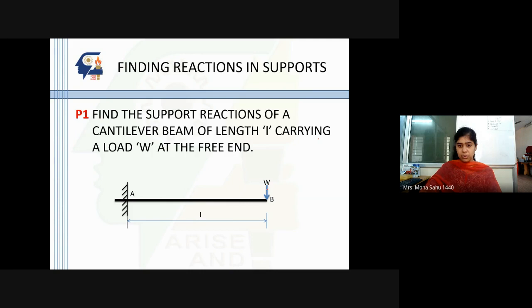You have a load W on the free end. What will be the reaction forces here? First of all, there will be an equal and opposite force. I'm going to denote reaction forces as R, RA.